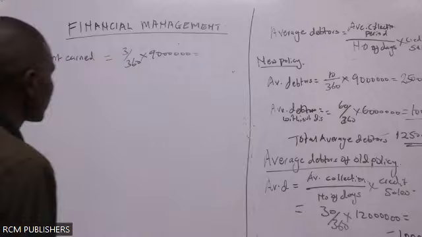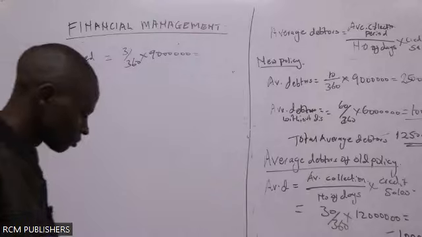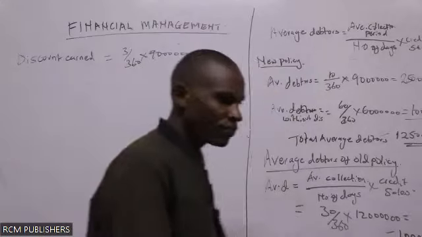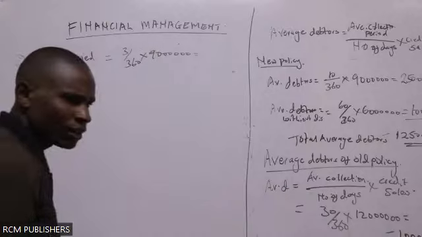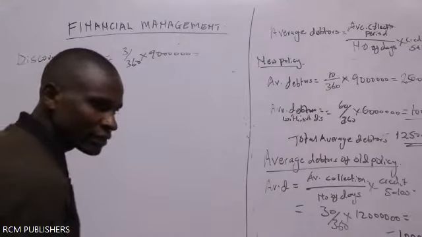Hiyo discount inaingia ngapi? $75,000 per month. 270, 25,000 ni gani sasa?